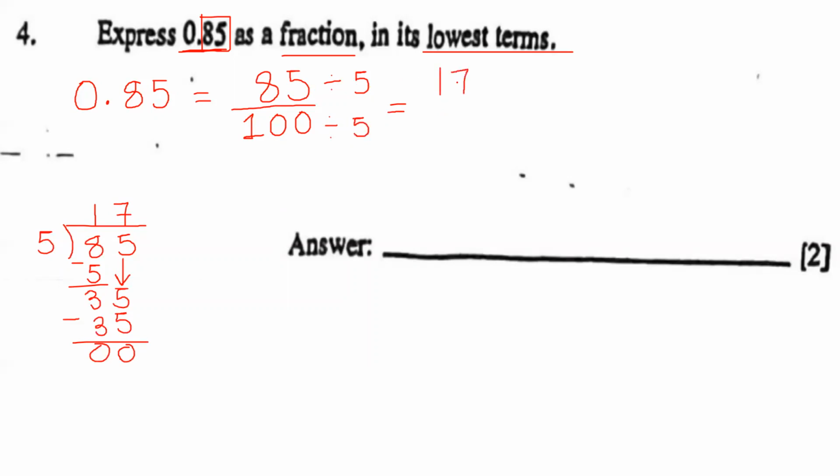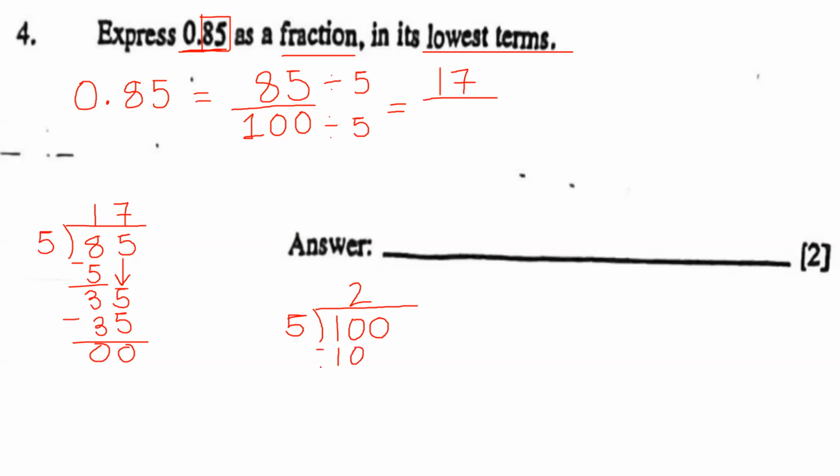Okay. And how many times does 5 go into 100? Let's do the division. 5 into 100. So 5 into 10. 5 goes into 10 twice because 5 times 2 is 10.